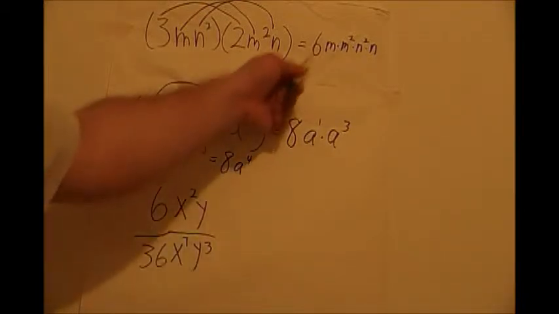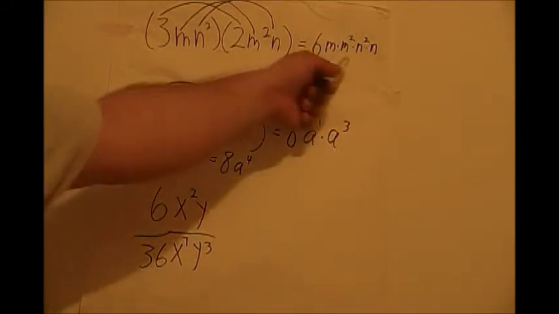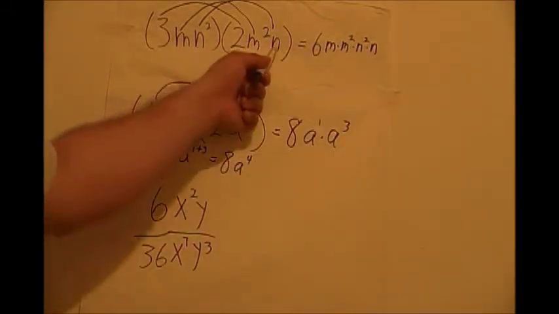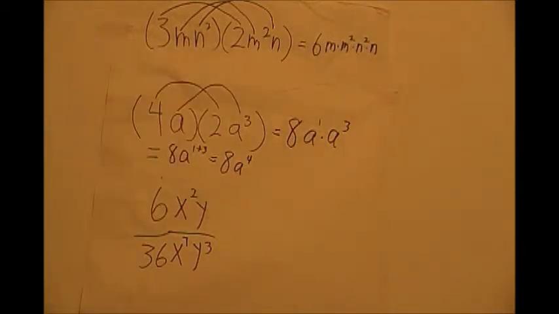So we have 6, m times m squared, and then n squared times n, right?